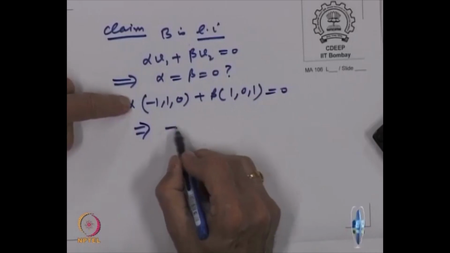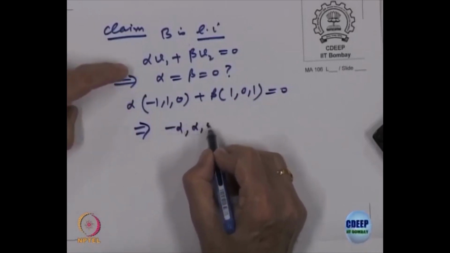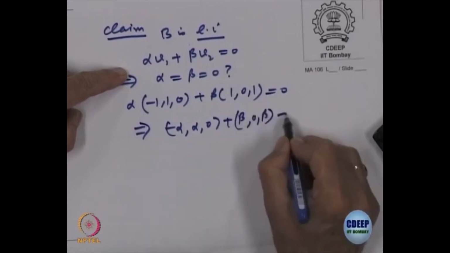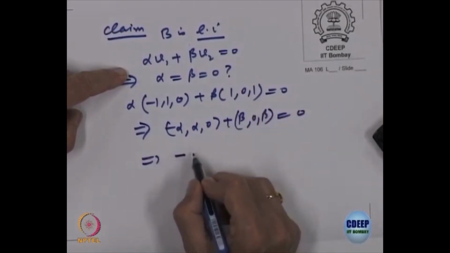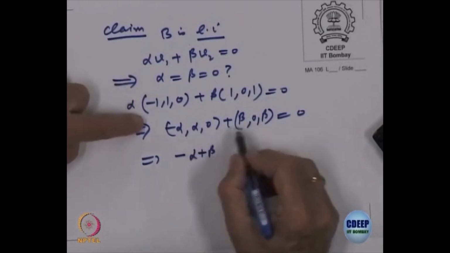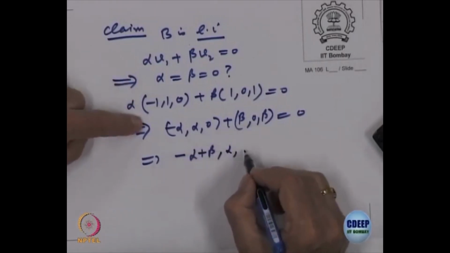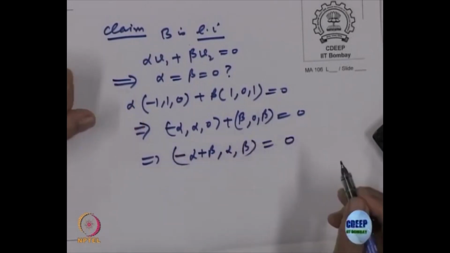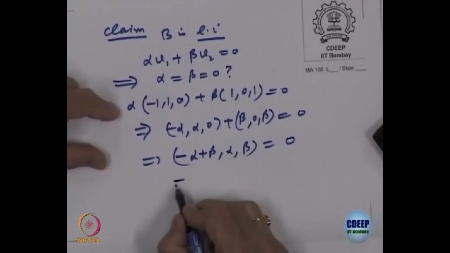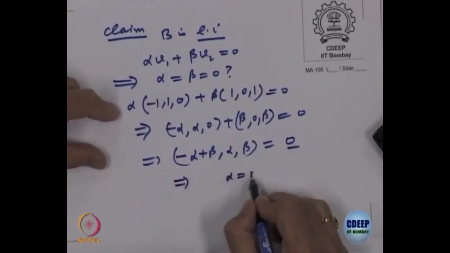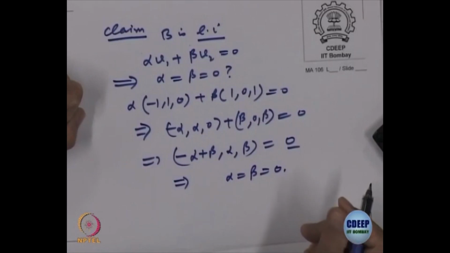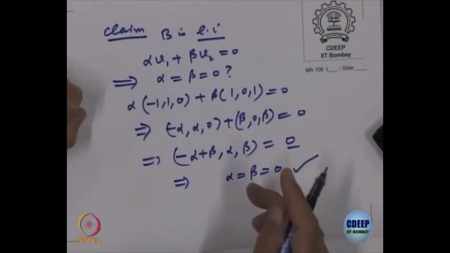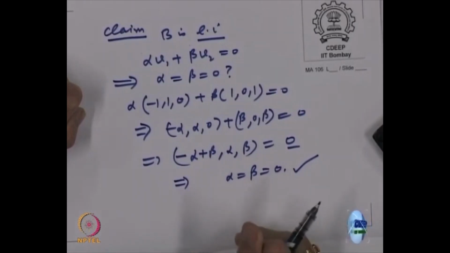That implies minus alpha plus beta, the second one is alpha and the third is beta, equal to 0. That clearly implies alpha equal to beta equal to 0. So, linear independence holds.